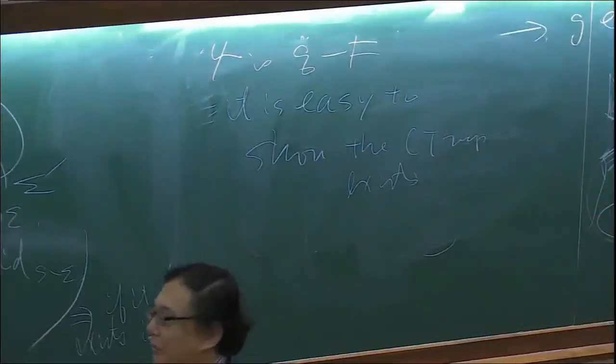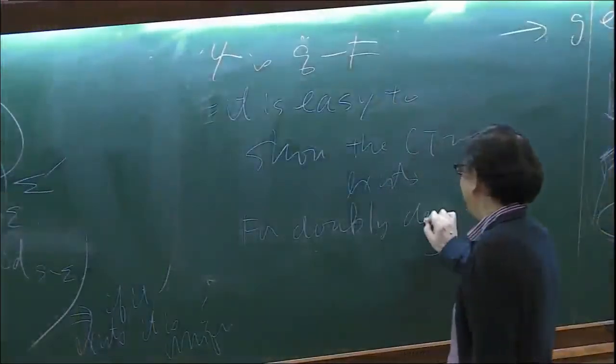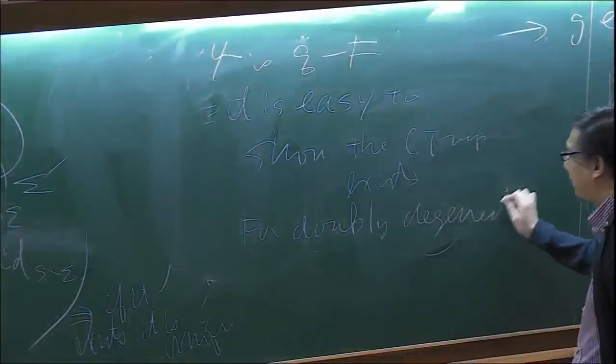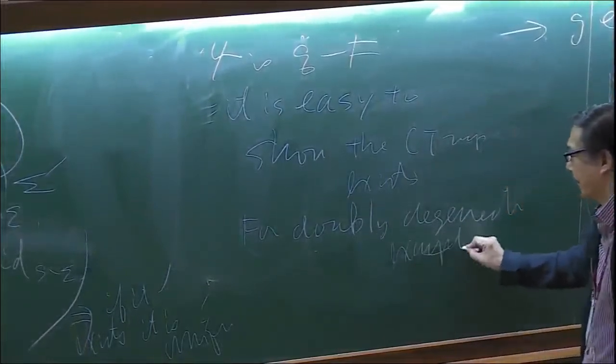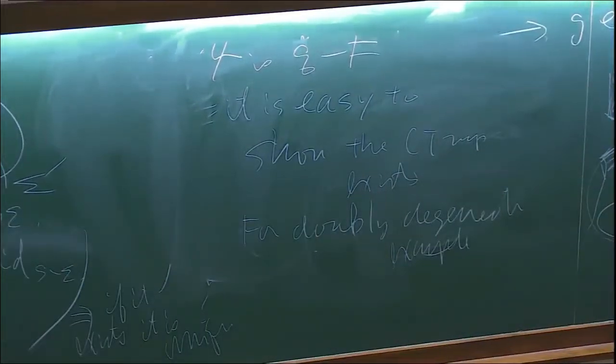But in other cases, it's very difficult to show that such a map exists. So the first example for which the existence of the Cannon-Thurston map was proved, except for the quasi-Fuchsian one, is the case of doubly degenerate groups, for example, one obtained by the iteration of the pseudo-Anosov map on both sides.